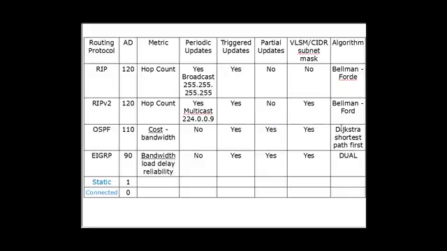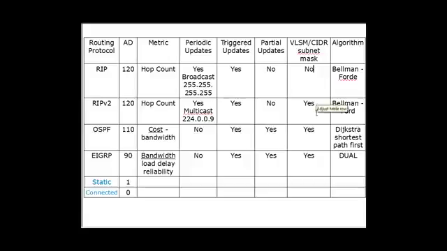Then another important aspect of this is VLSM, variable length subnet mask, or classless interdomain routing. RIP cannot send a subnet mask with its routing table, so it's not able to do classless routing. It has to do classful routing only. So you cannot do subnets that are non-classful.